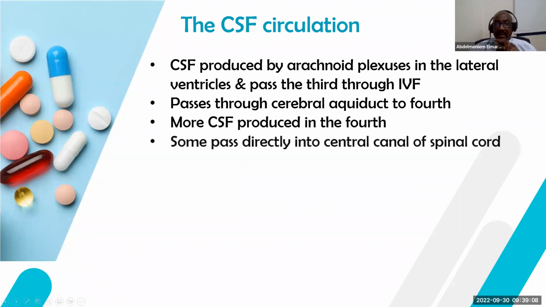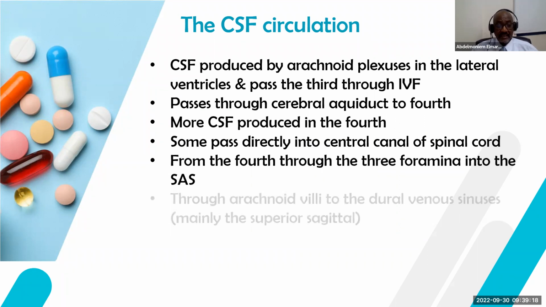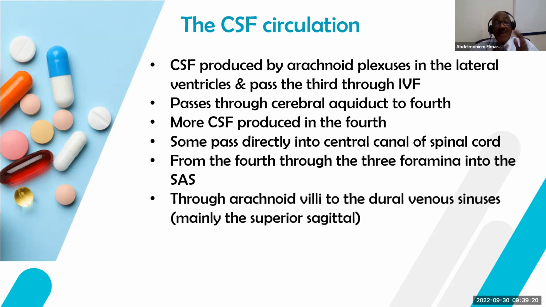Then some passes directly into the central canal of the medulla first, and then the spinal cord. Then through the foramina, which are the foramen of Luschka and the foramen of Magendie. Where do they go from there? They go to the subarachnoid space. So they surround the spinal cord and the brain in the subarachnoid space.